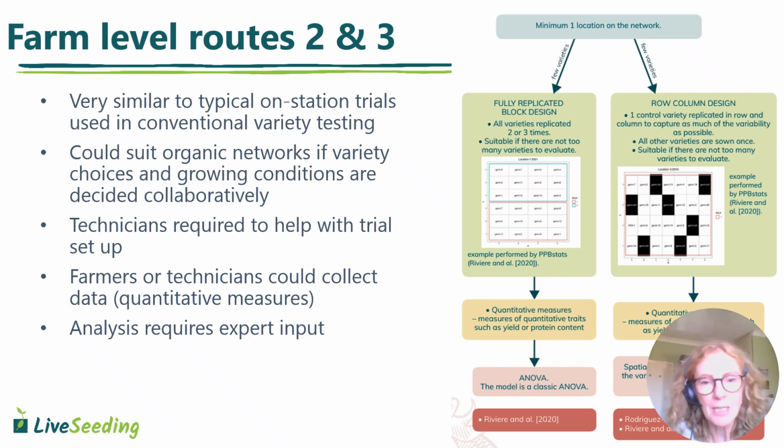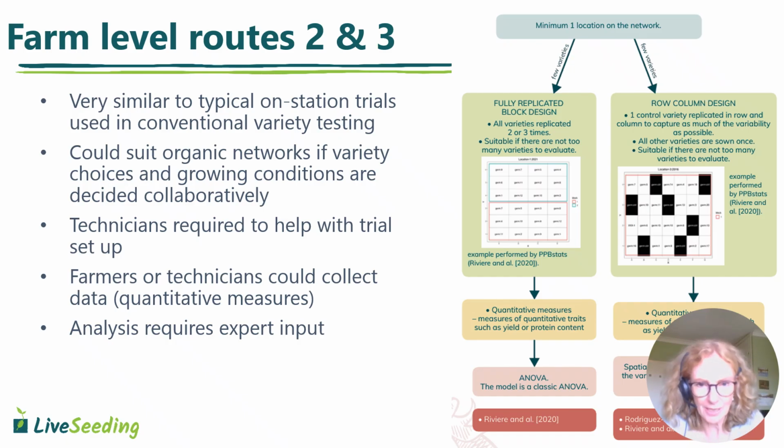But you can see that they're more complicated. You've got things like fully replicated block designs, and this other one on the right called a row column design, and fairly typical standard analyses, classic analysis of variance.